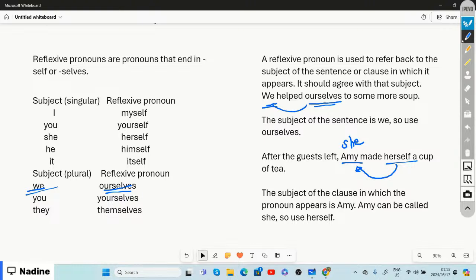So once again, the subject of the clause in which the pronoun appears is Amy, and Amy can be called she, so we use herself, which refers back to Amy, who can also be called she.